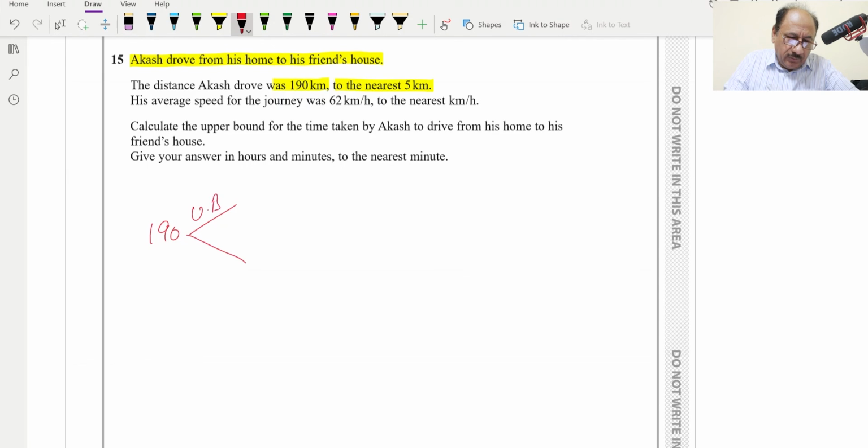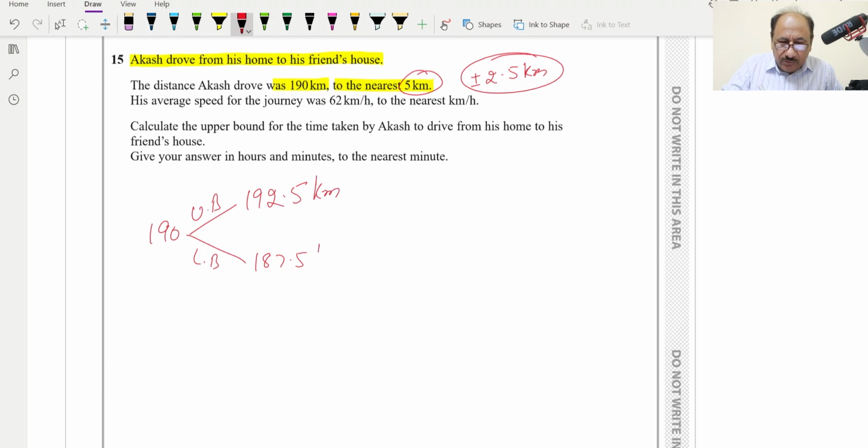Upper bound will be 192.5, because this is 5 kilometers, so half of 5 will be 2.5. So 190 plus minus 2.5 kilometers will give us the upper bound and lower bound. Lower bound will be 190 minus 2.5, which is 187.5 kilometers.